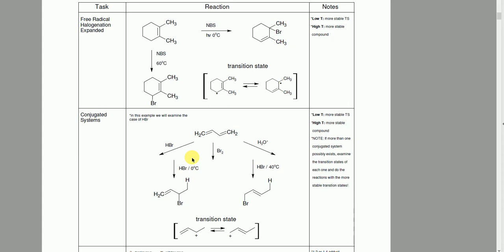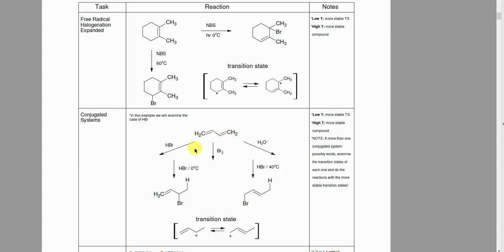The concept is not really too heavy for this reaction. You kind of just have to understand in a general sense how it works and why a certain product is favored over the other. And to explain the background of what's required to have this reaction, you have to have a conjugated system. And a conjugated system is any system that has conjugated double bonds, and that means double bonds that are literally back to back.